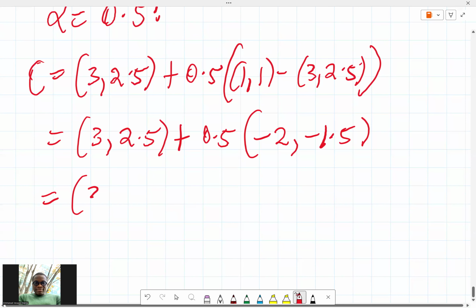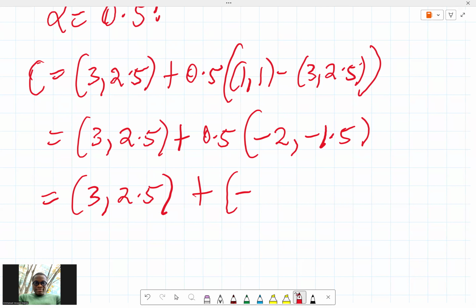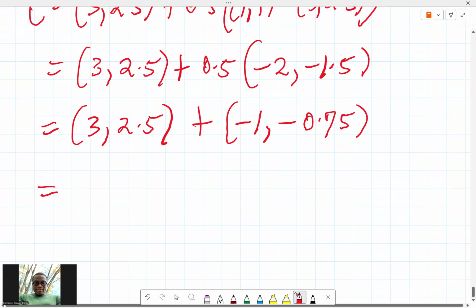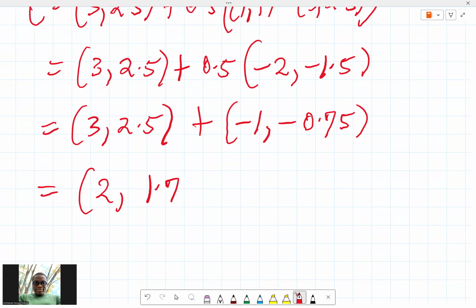So this is now (3, 2.5) plus 0.5 times minus 2, that's minus 1, and 0.5 times minus 1.5, that's minus 0.75. We can operate this together. So 3 minus 1 is 2, and 2.5 minus 0.75 should be 1.75.